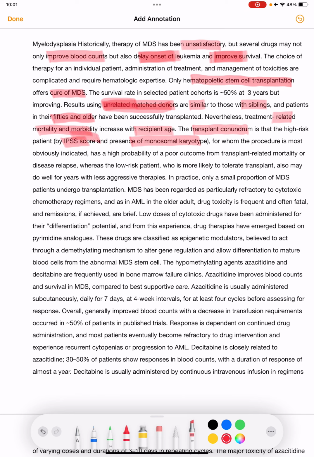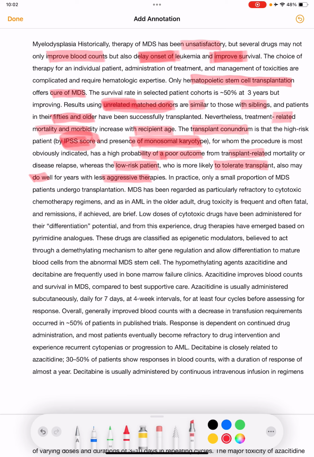In this high risk patient, obviously the procedure is indicated, but at the same time poor outcome also occurs because of transplant related mortality or disease relapse, whereas the low risk patient, who is more likely to tolerate transplant, may also do well for years with less aggressive therapies.